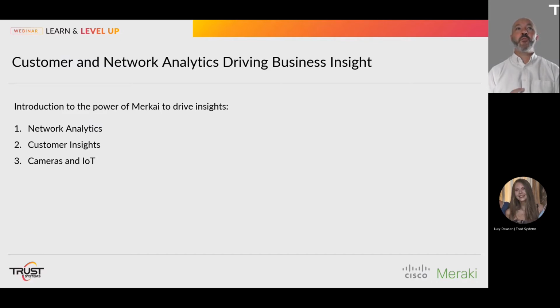So we're going to be going through network analytics, customer insights, and as I mentioned, covering the MRs, the access points, the MVs, the cameras, and the MTs, the sensors.